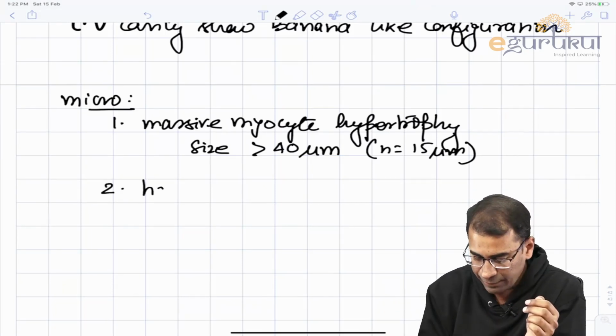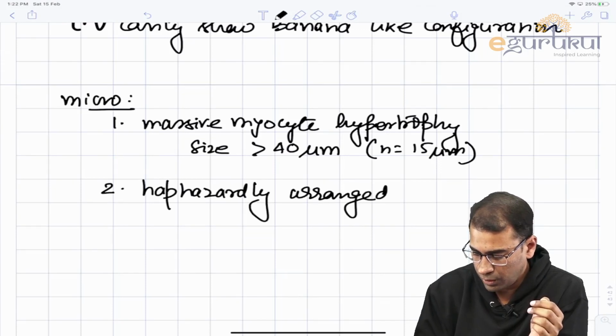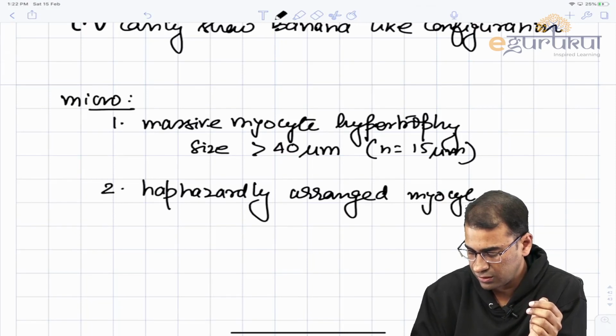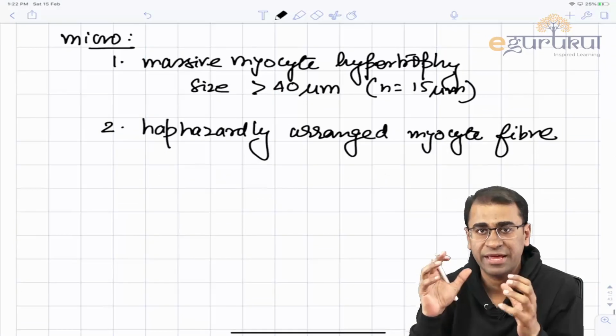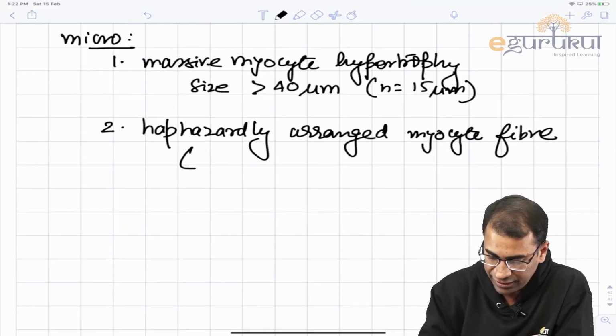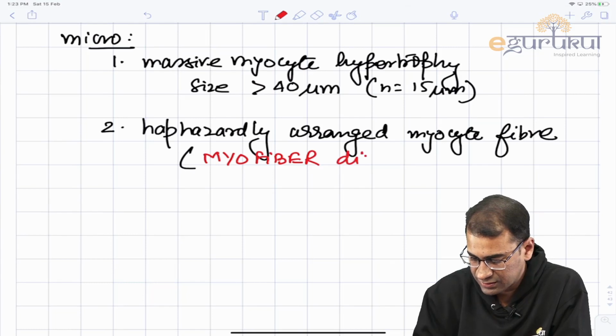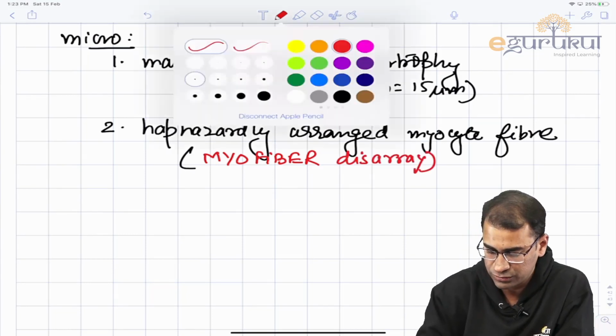Second, haphazardly arranged myocyte fibers. It is called myofiber disarray. Myofiber disarray is the name used.